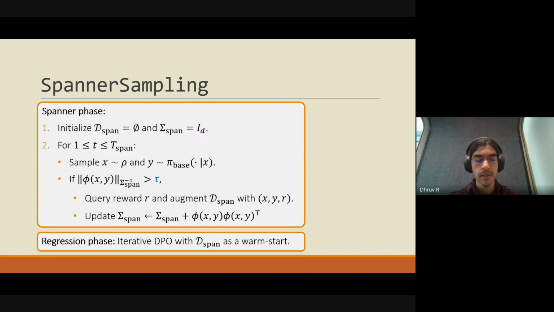Otherwise, you don't query the rewards and you don't add to the spanner. You do this T sub span times. And this gives you some set of data, which is hopefully covering the feature space well. And then the regression phase is to just run iterative DPO as before, except using this data you've collected as a warm start.